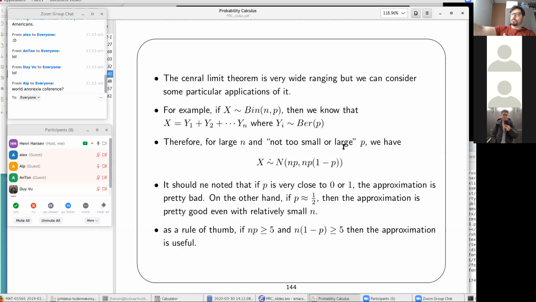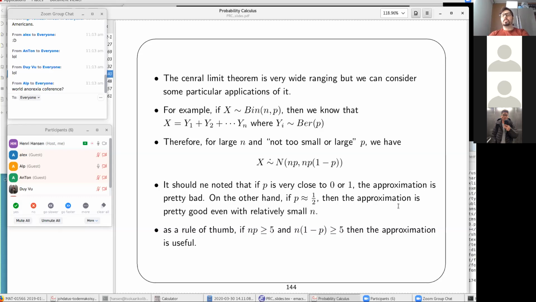So the expected value is large, and the variance is also pretty large. A rule of thumb is that if both n times p and n times 1 minus p are macroscopic, let's say both larger than 5, then the approximation is relatively useful. Why 5?